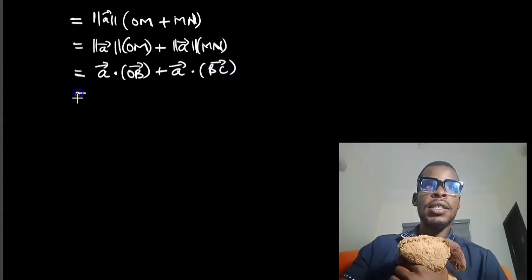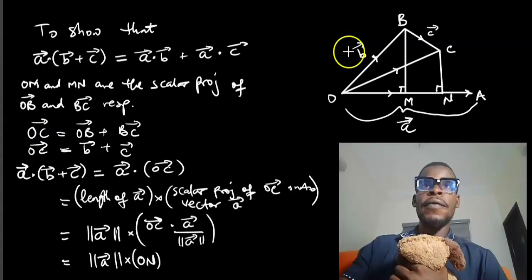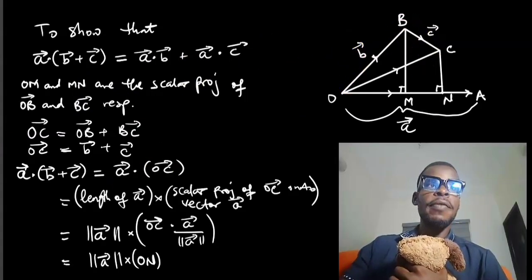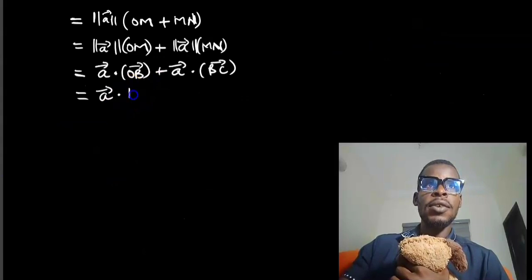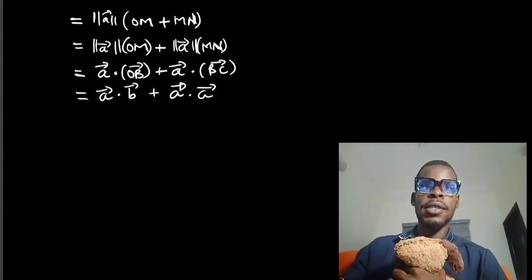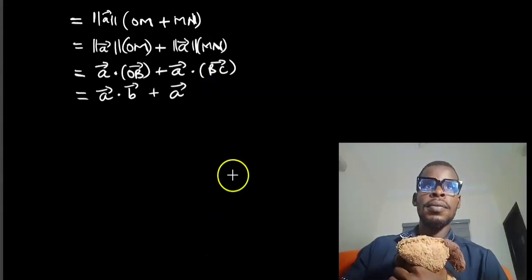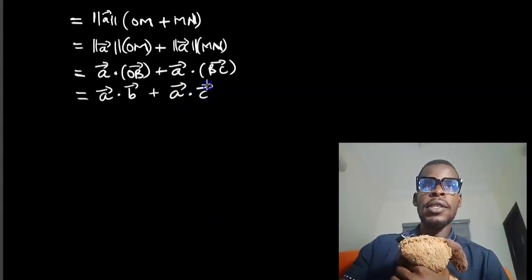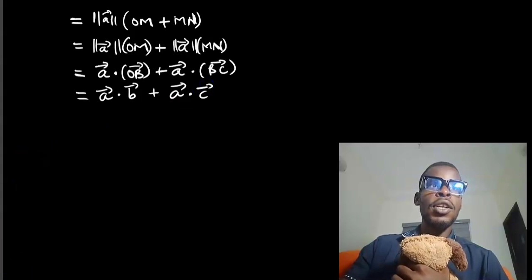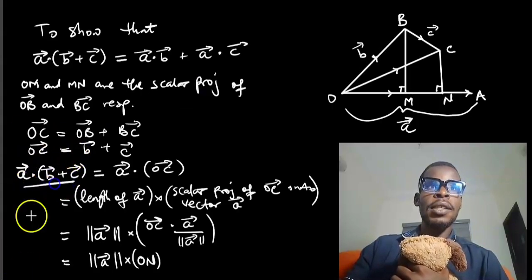But of course, we know what these are. The vector from O to B is simply vector B. Then from B to C is simply vector C. So maybe let's just put that down. This is vector B plus vector C, dot vector C. Sorry, A dot vector B plus vector C. So what did we start off with? On the left hand side, we have this.